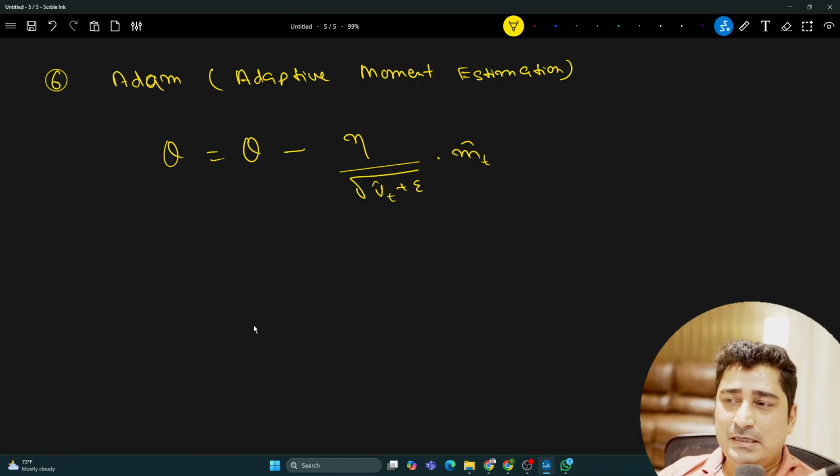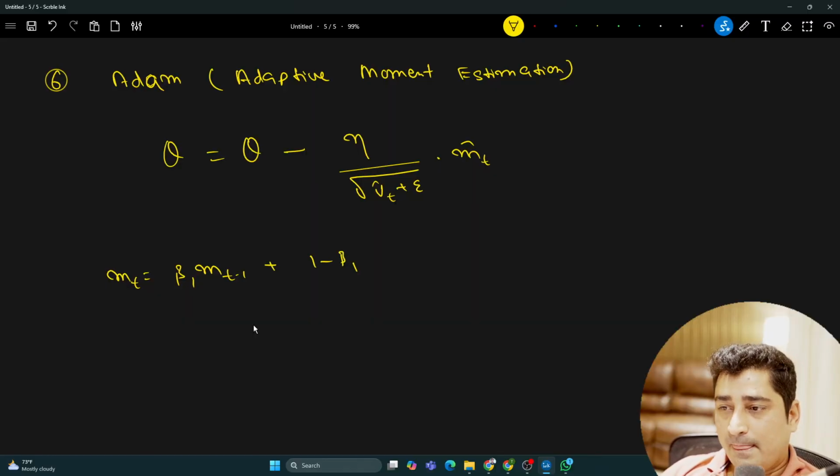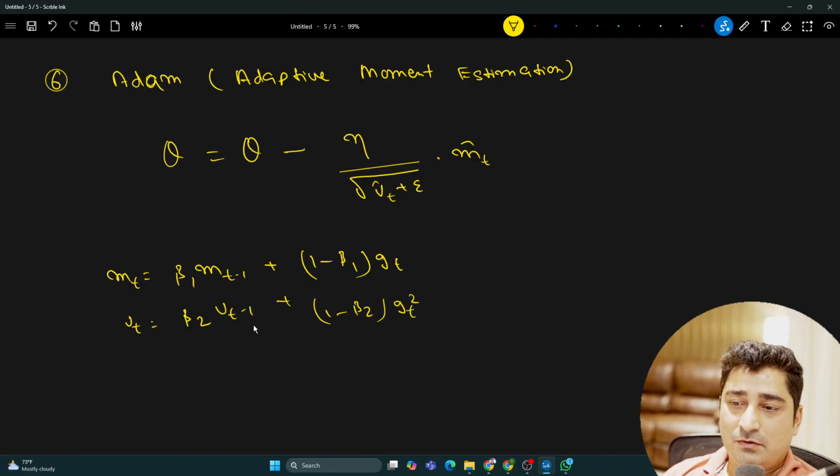Now what are vt and mt, the new terms introduced here? mt is beta 1, a decay or momentum term, times m of t minus 1, plus 1 minus beta 1 times gt. And vt is beta 2 times vt minus 1, plus 1 minus beta 2 times gt square. This is the meaning of vt and mt.